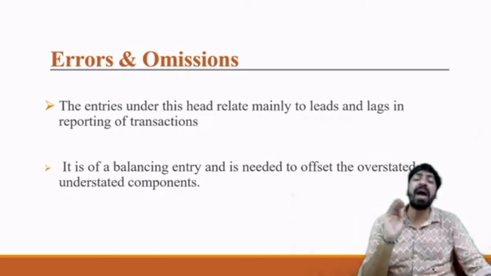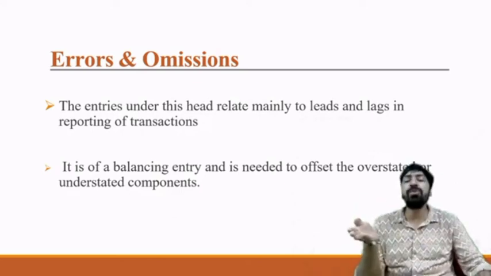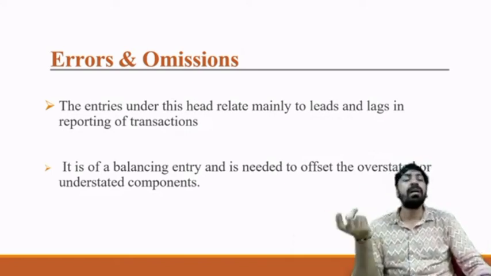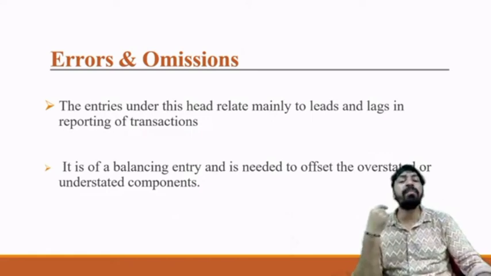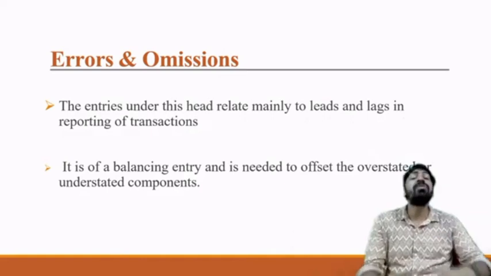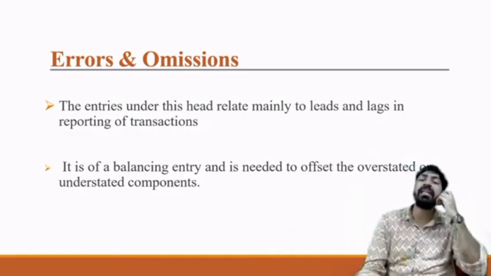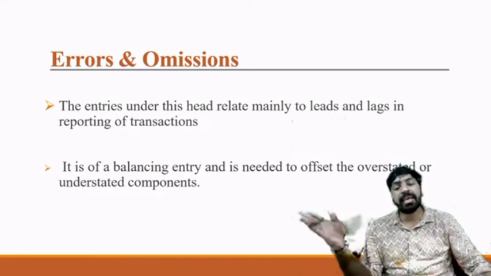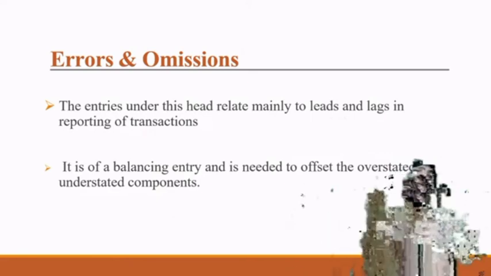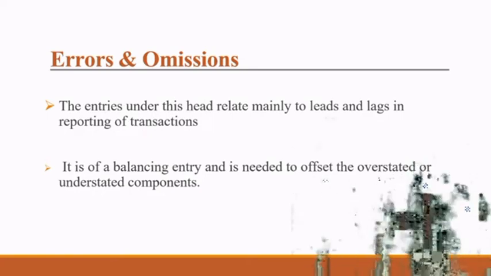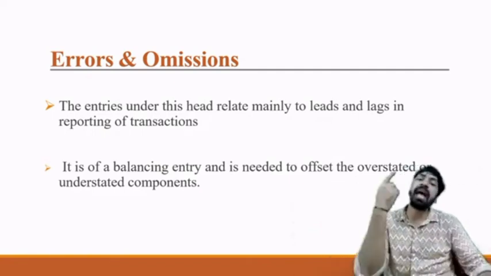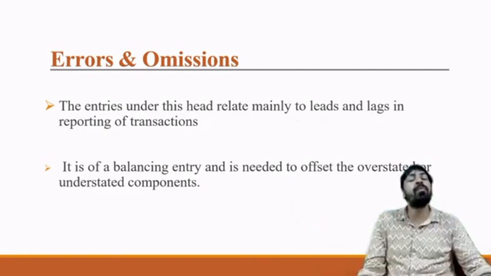If any account has to be balanced off, or there is a need to show any component like the current account balance, capital account balance, or reserve account balance, then this particular account will be used to balance the overstated, negative, or positive balance using these three components, that is the capital, current, and reserve accounts. That means it's a combination of all to balance such accounts, and that account is called the errors and omissions account.